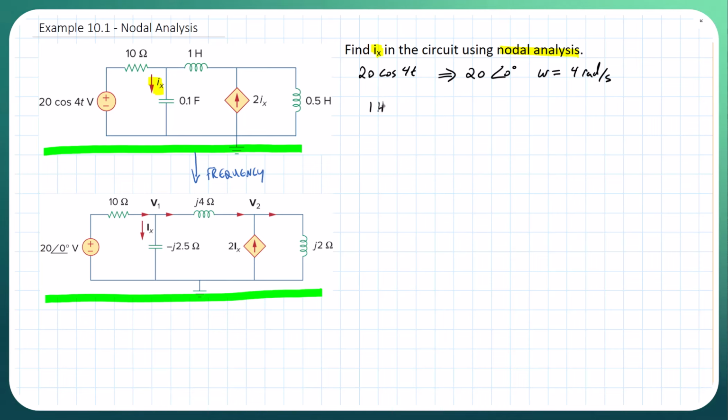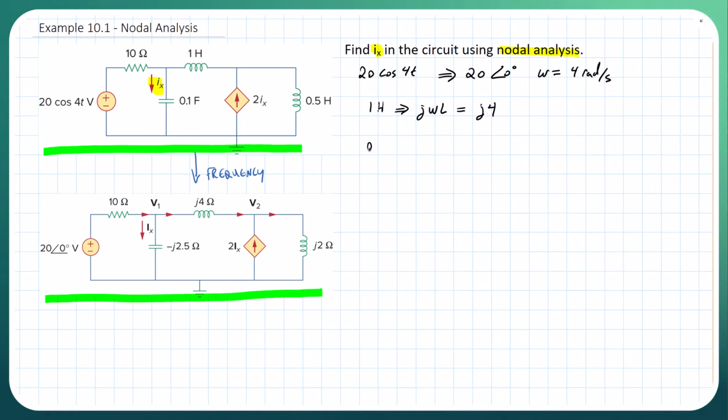Our inductor, 1 Henry, is j omega L, which equals j4. Again, omega is 4, L is 1.